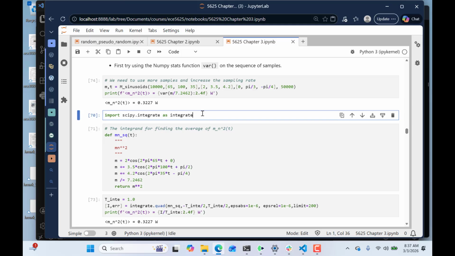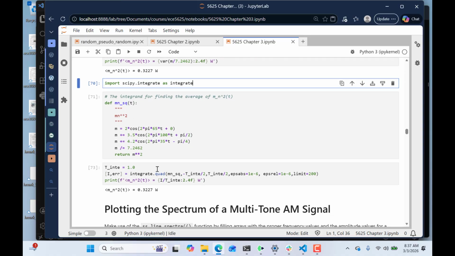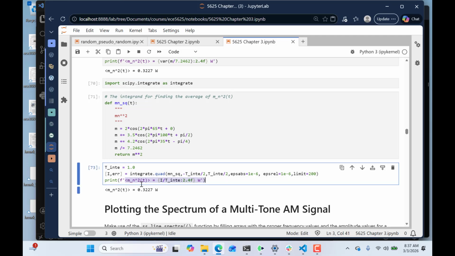And then, from my calculus background, I'm just going to find the average power by integrating. I integrate over one period, or just a long period of time. I'm just going to find literally what that quantity is right there.